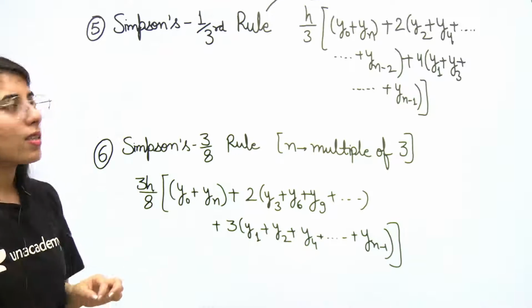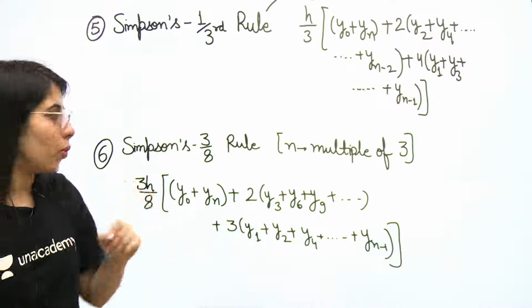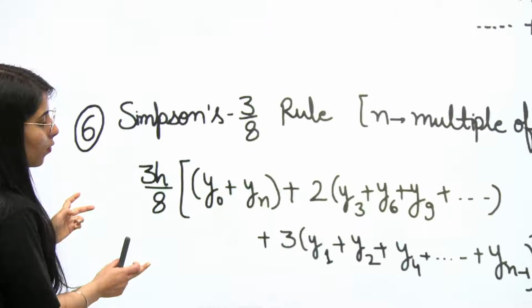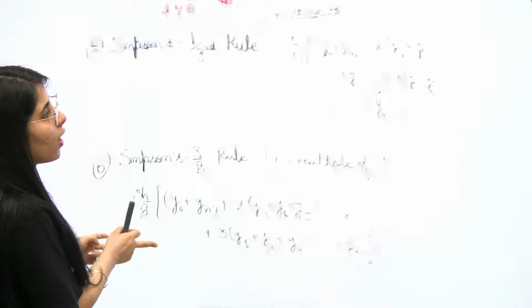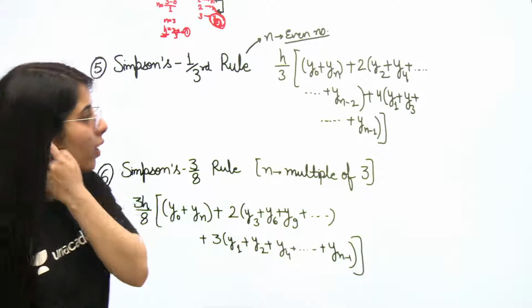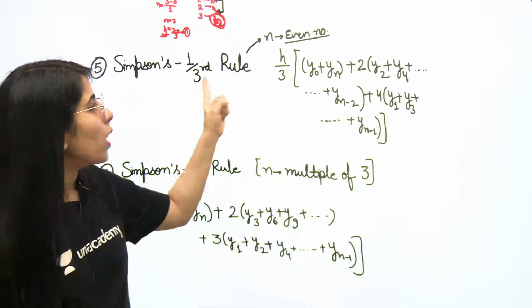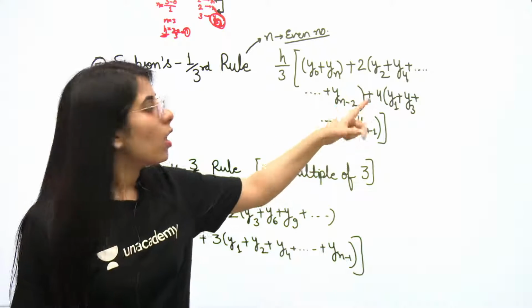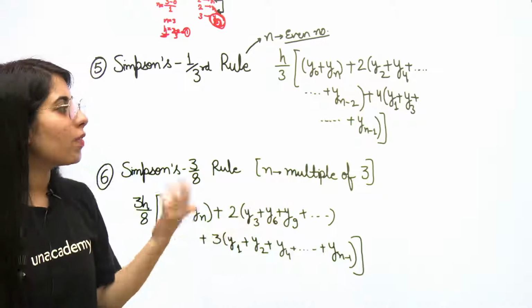Now, in the Simpson's 1/3 rule, h upon 3 will be there instead of h upon 2. In Simpson's 3/8 rule, 3h by 8 will be there instead of h upon 2 or h upon 3. Another thing, here when you are writing the expression of the formula in Simpson's 1/3 rule, you will write 2 multiplied with some term sum and the 4 multiplied with the sum of the other terms, or the y values.